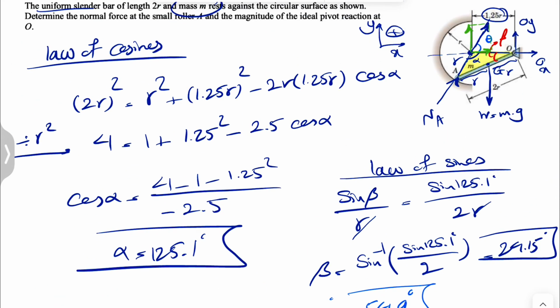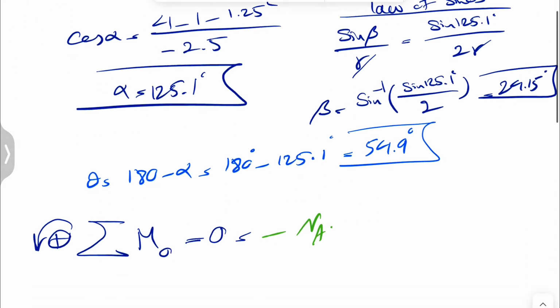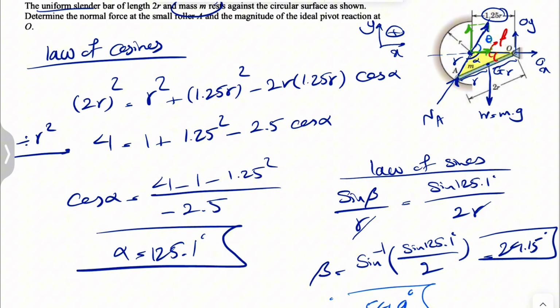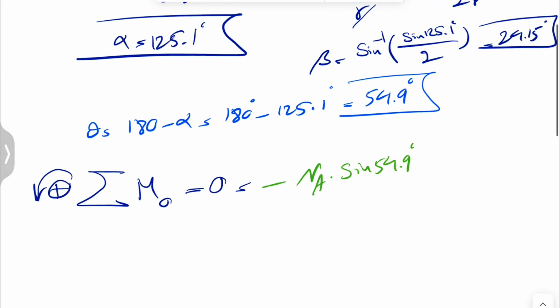NA, and for that we need the angle theta, so sine of theta would be that angle, or sine of 54.9, and the distance would be basically the 1.25 r.